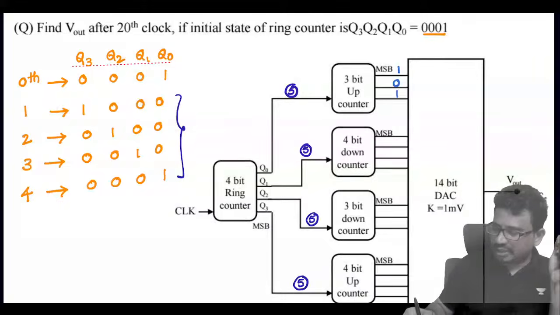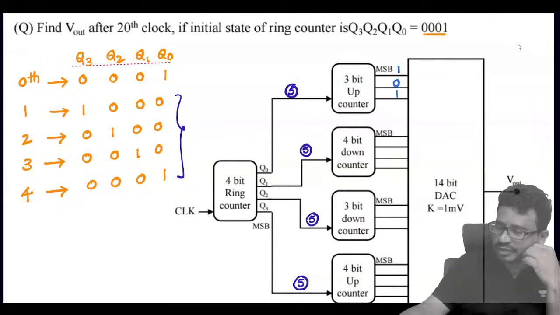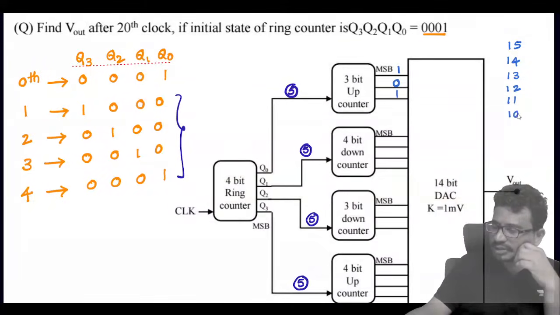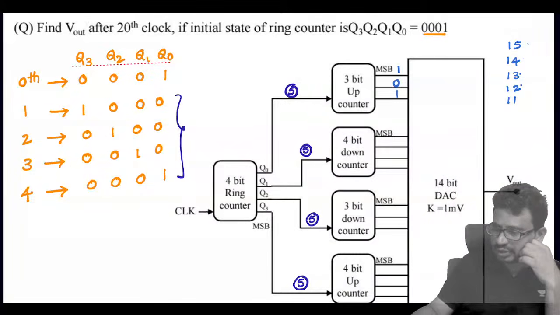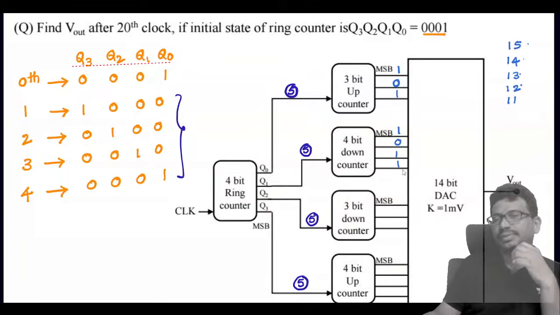You can write in decimal form: first 15, next 14, next 13, next 12, next 11, and next 10. So this is 1, 2, 3, 4, 5. 5 clocks means 11 will come now. So that is 1, 0, 1, 1.